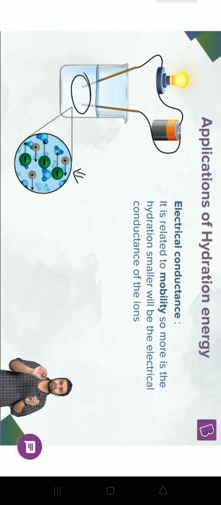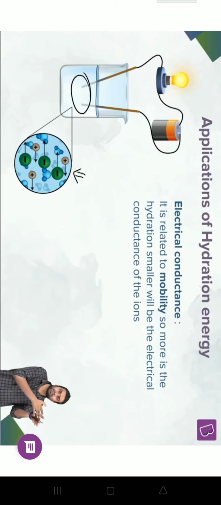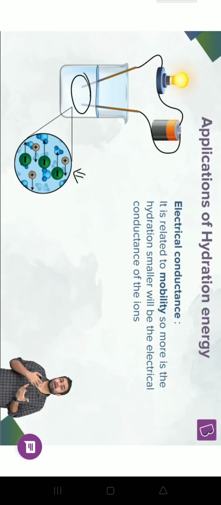The ions move, and because of their movement, there is a flow of charge from one end to the other. So the ionic mobility actually factors into the conductance. If somebody asks you about the conductance, obviously the slowest ion, the one that has the bulkiest aggregation of solvent molecules around it, is going to have the lowest conductivity. Understand? So this also follows the same trend, and this is what we have.